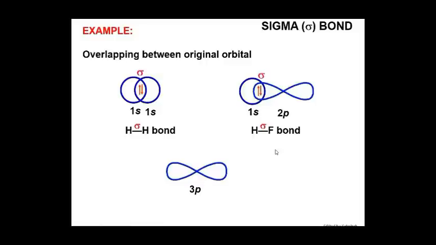If one s orbital overlaps end-to-end with a dumbbell, which is a p orbital, the end-to-end overlapping shows a sigma bond. If there is overlapping between two dumbbells with opposite spin, we also show a sigma bond.